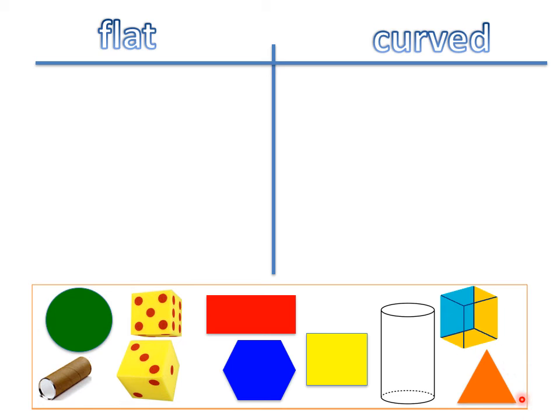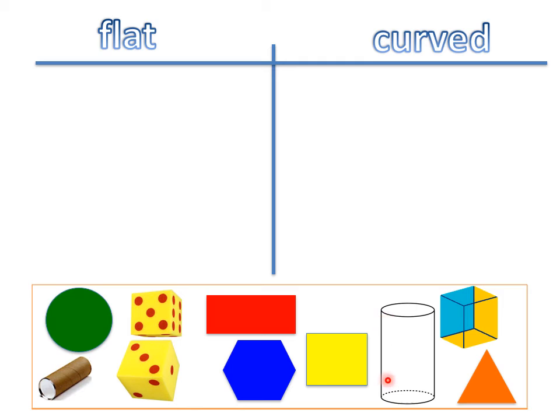That's right, a triangle is flat, has straight edges, doesn't have any curves in it. We've got our cube, also got flat faces. Oh, interesting. We've got our cylinder.